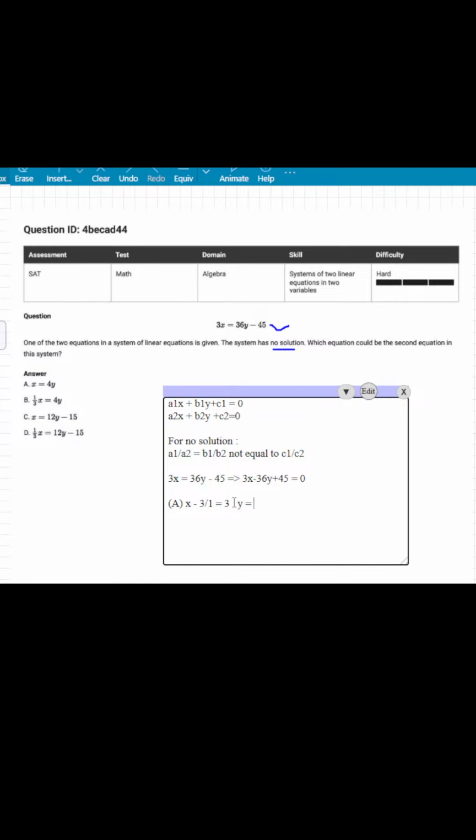For y, the coefficient here is minus 36, and the option can be written as x minus 4y equal to 0.